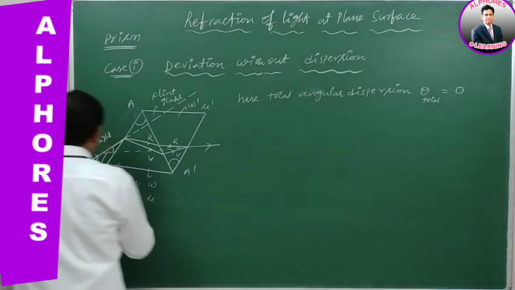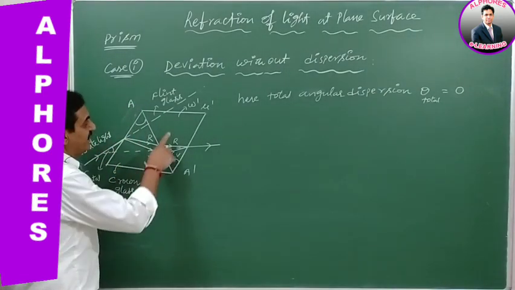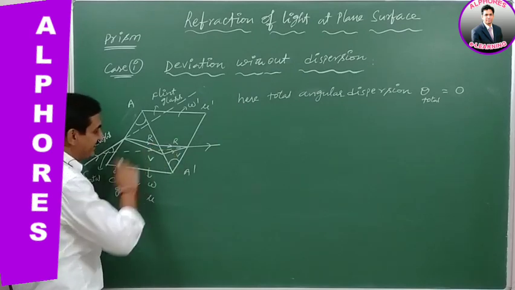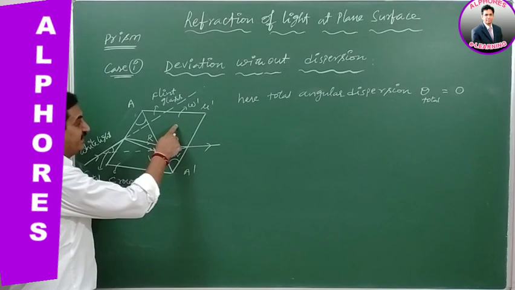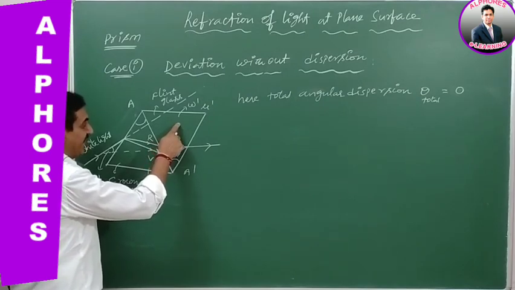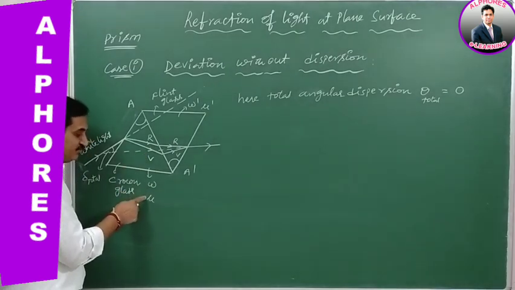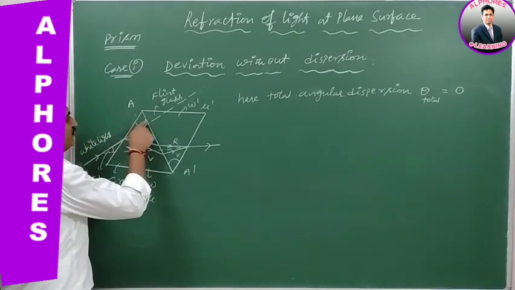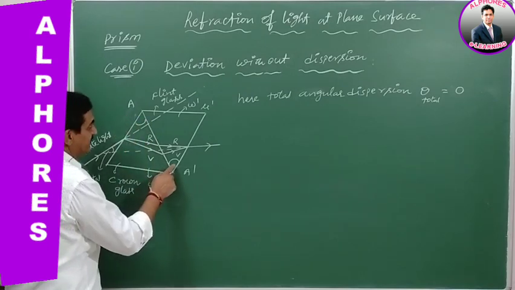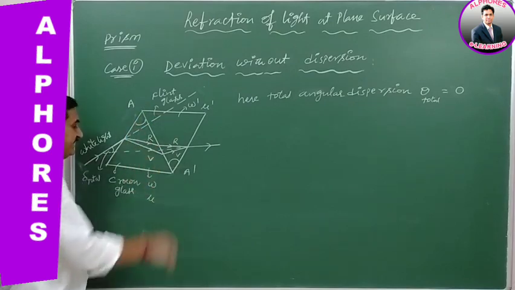Now this is white light, this is the first prism made of crown glass, and this is the second prism made of flint glass. Its dispersive power is omega, its dispersive power is omega dash, and refractive index mu for this material, and its angle of prism is A, its angle of prism is A dash. This is crown glass, it is flint glass.